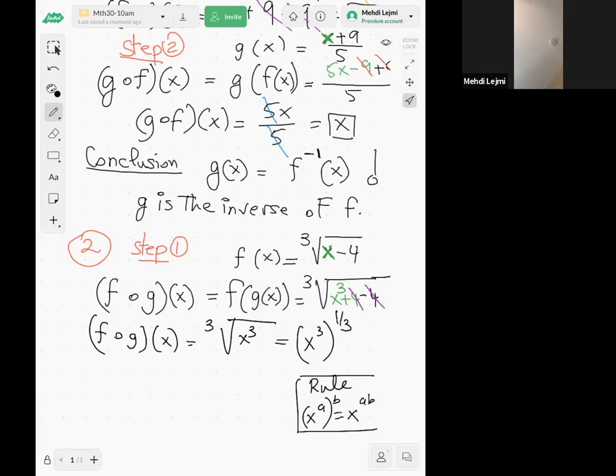So I have to multiply the powers. So this is like 3 times 1/3. So my f of g of x is actually x to the 3 times 1/3, and 3 times 1/3, of course, is going to be 1, right? So that's x to the power 1, because the 3 cancels out, and x to the power 1 is just x. It's just x.